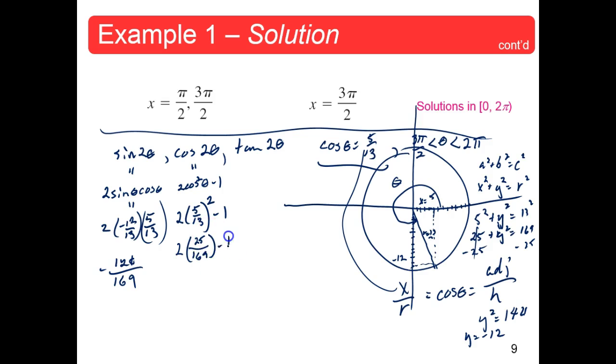Minus 1. Well, 2 times 25 is 50 over 169 minus 1. 1 is 169 over 169, right? And this would then be minus 119 over 169, right? If I did my math right.